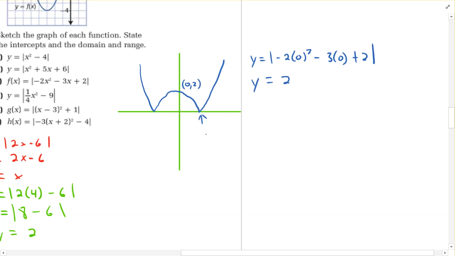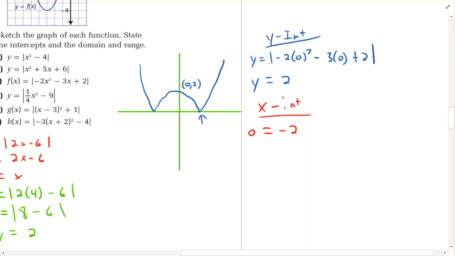Our x-intercepts, I would say that y was equal to 0 this time. And I'm just going to drop the absolute value bars because it won't matter.